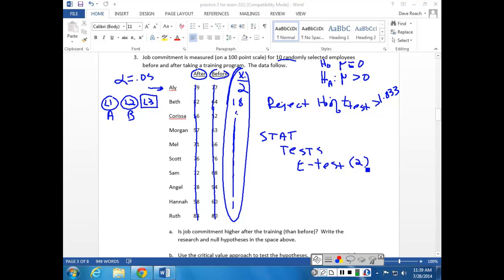And at the top, where it says input, make sure that you have data selected, because we're putting in the actual data. We don't have a problem where we've already computed the mean and the standard deviation. So highlight data. Your mu0 will be 0.